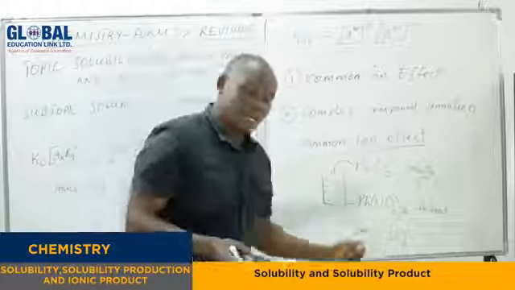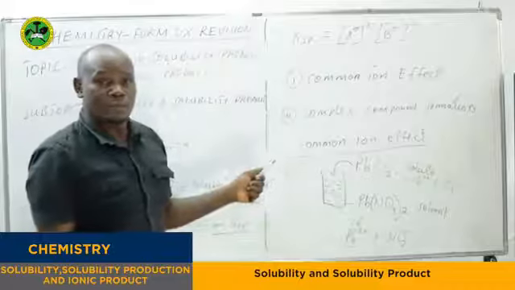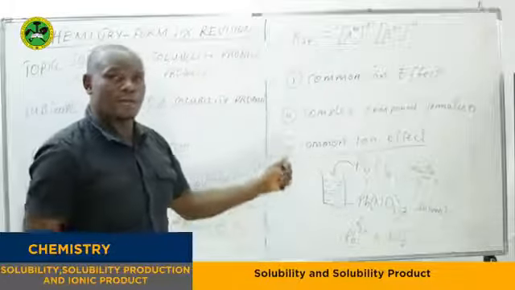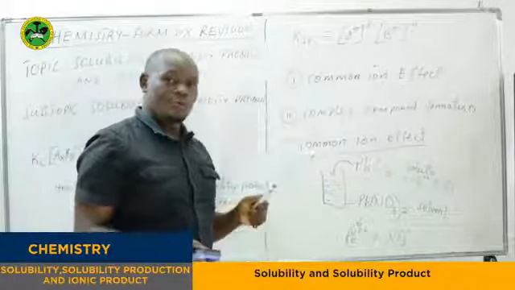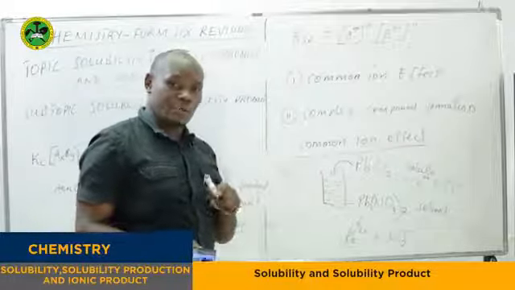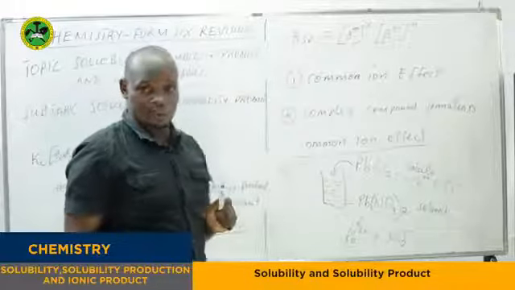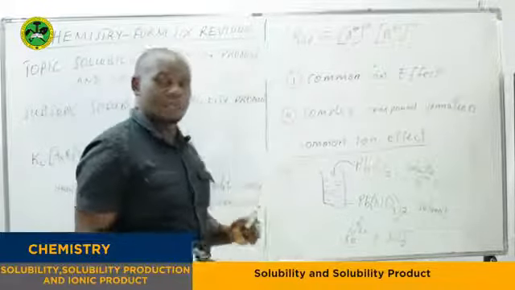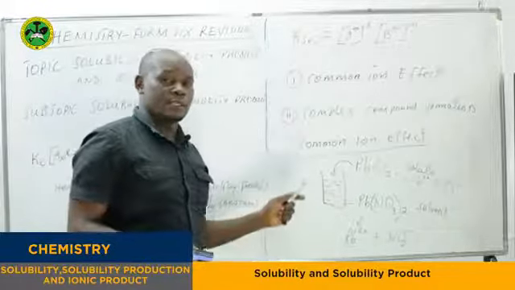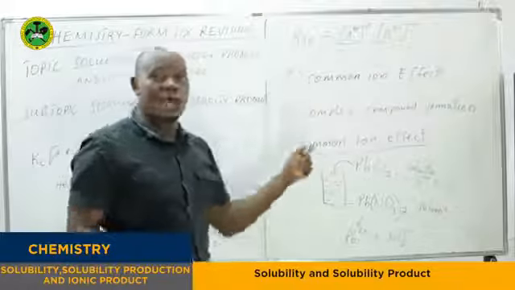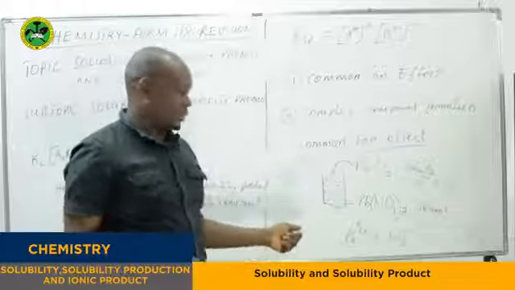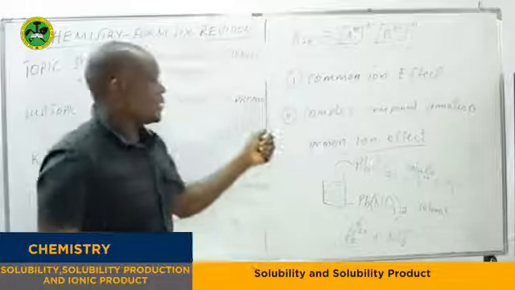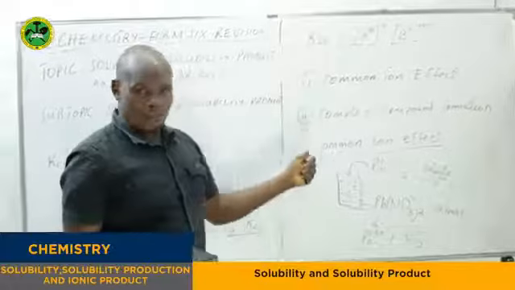And here, according to Le Chatelier's principle, the solubility product is also affected. I know you remember it, and you can state it: the system will always change in order to counteract the effect that has been produced. So this is what we call the common ion effect.